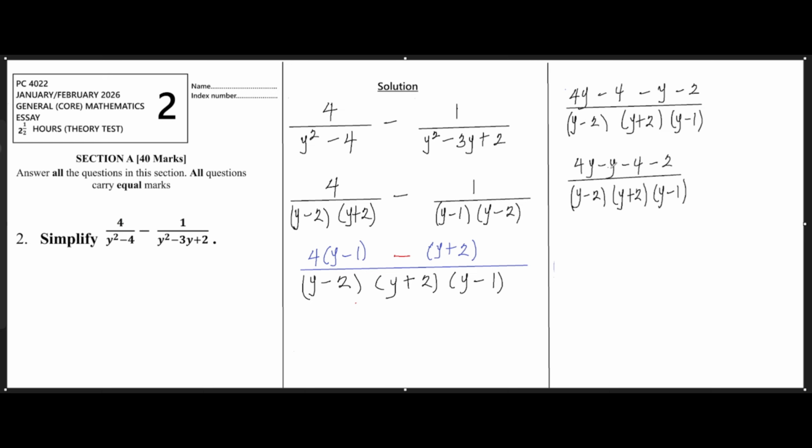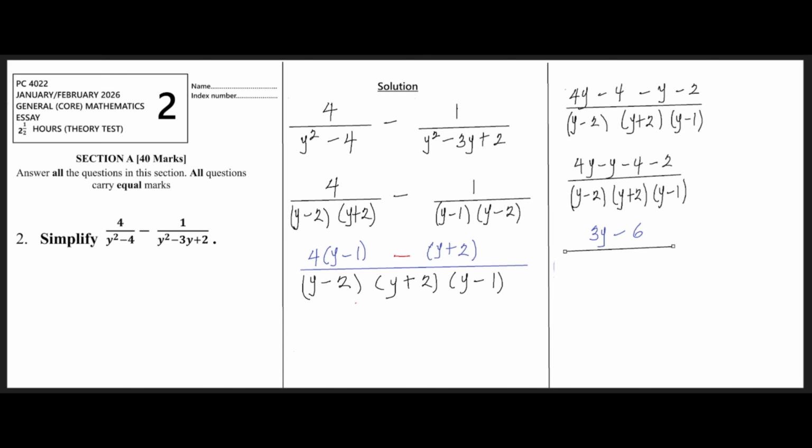So 4y minus y, 3y, and then minus 4 minus 2, we have minus 6, all divided by the LCM.